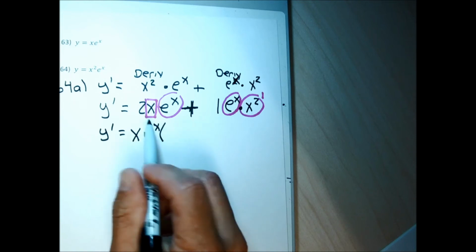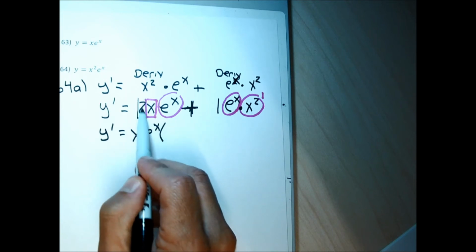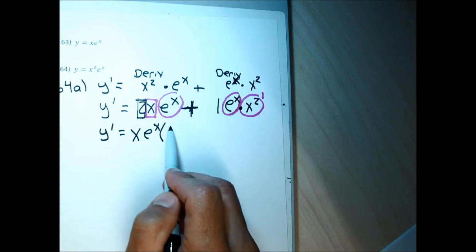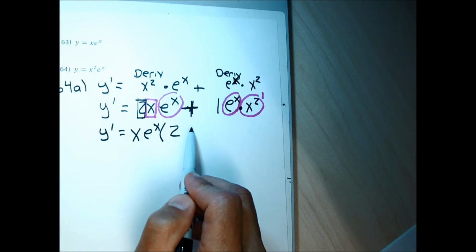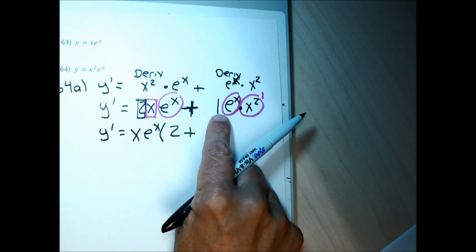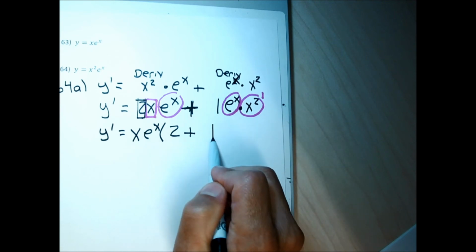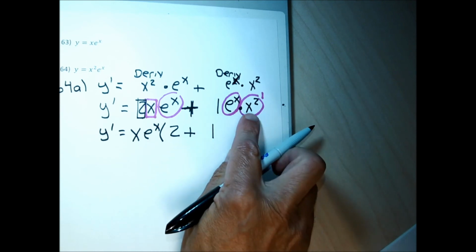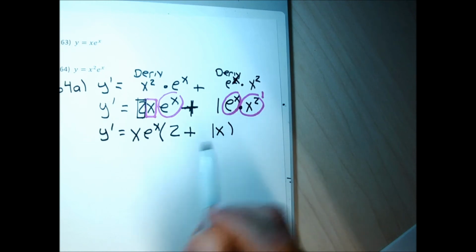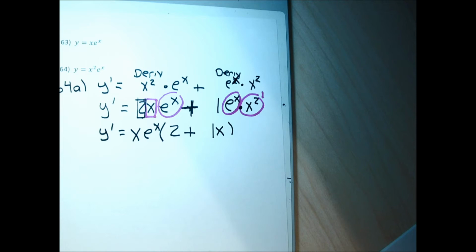And then I'm going to make a parentheses. The first thing I'm going to write is what's left over when I take the x and the e to the x away from the first factor, which is a 2. I'm going to bring this plus sign. And then when I take an e to the x and an x away from this piece, I'm still left with this 1. I don't really need to write that one, but it's okay to write it. And the x squared turns into an x to the first power. So now I have the derivative and it's factored.